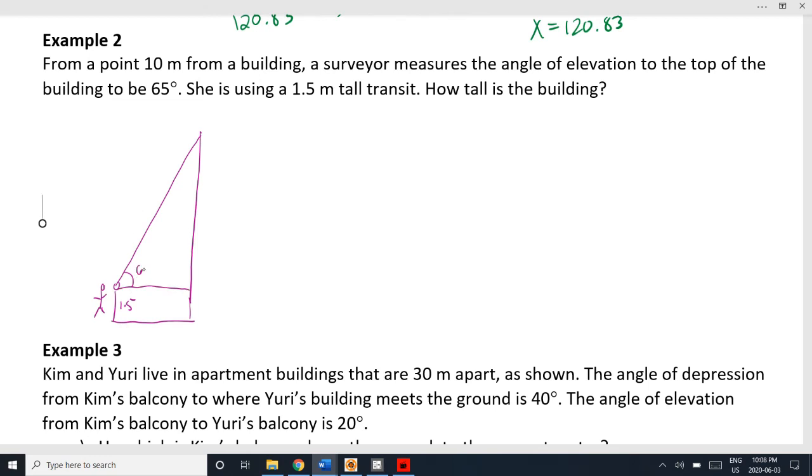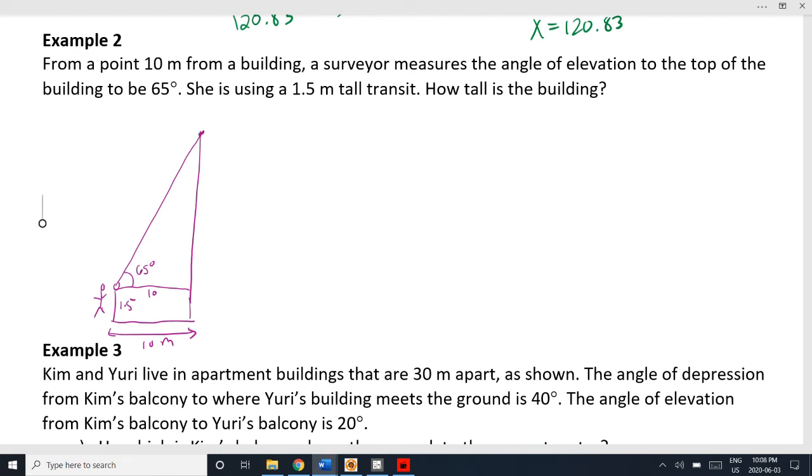This is the angle of elevation, pointing to the top of the building here. Okay, and we know the distance between here and here is 10 meters, as I said, 10 meters from the building. So this distance here is also 10. So what we want to do is calculate the height of the building.